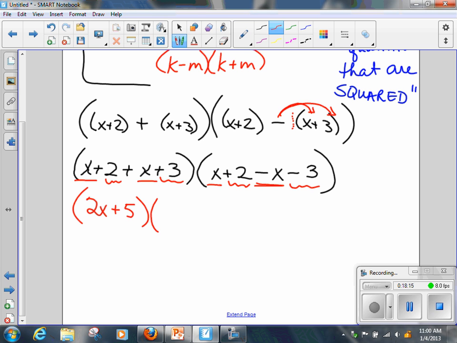What's going to happen? My x's cancel, and then it's 2 minus 3, which is negative 1. Oh, we're getting back to algebra 1, right? What do I do now? Distribute. We'll distribute backwards. And it's going to give me negative 2x minus 5.